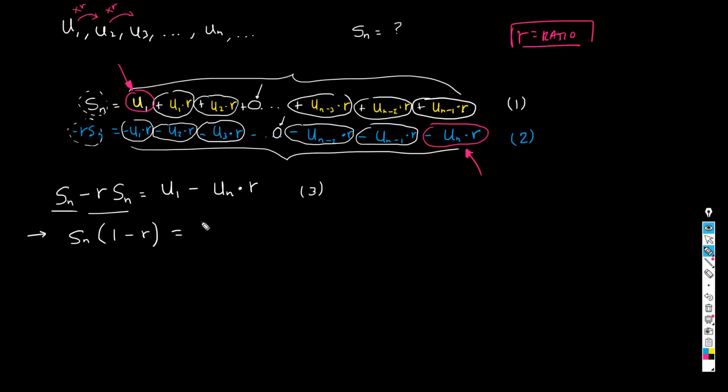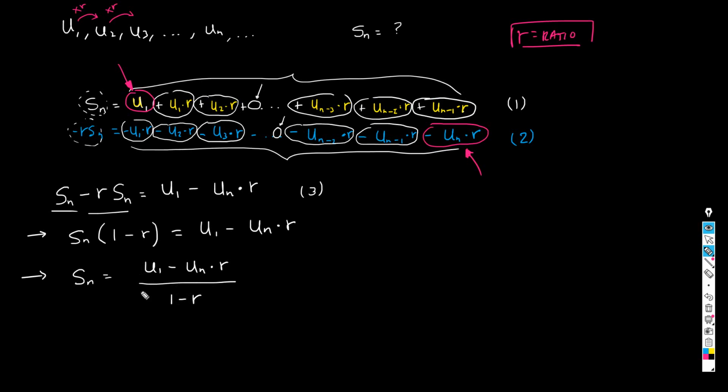And in here we have u1 minus un times r. And finally, we just isolate what I want, which is Sn. That's what I've been looking for. Sn will be equal to u1 minus un times r over 1 minus r.